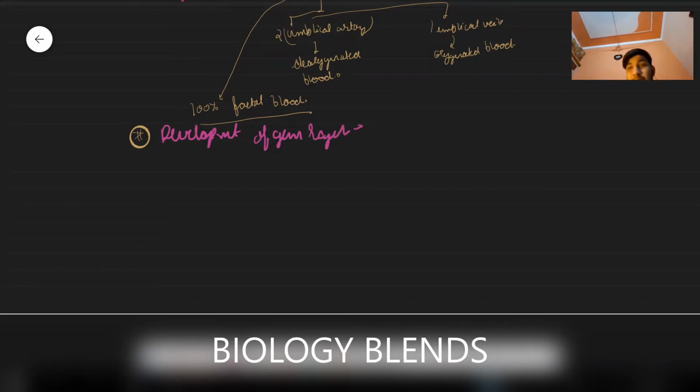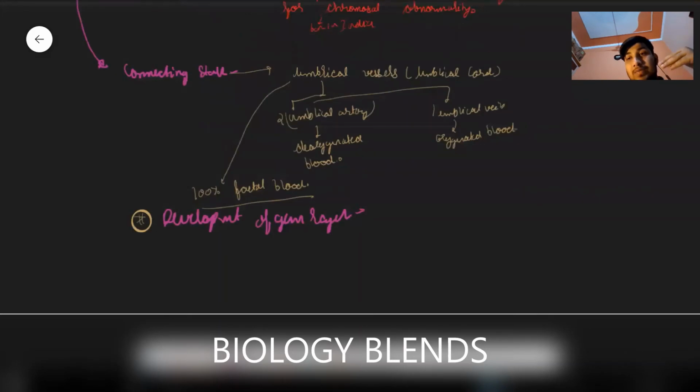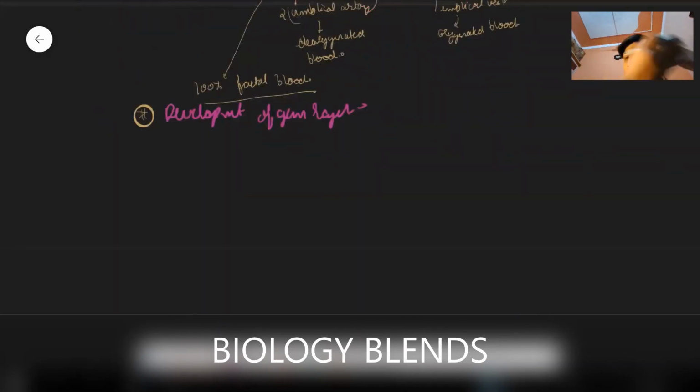When gastrulation starts, there is a thickening in the posterior epiblast, and it leads to the formation of the primitive streak by the movement of the cells. The result is the formation of the primitive streak.